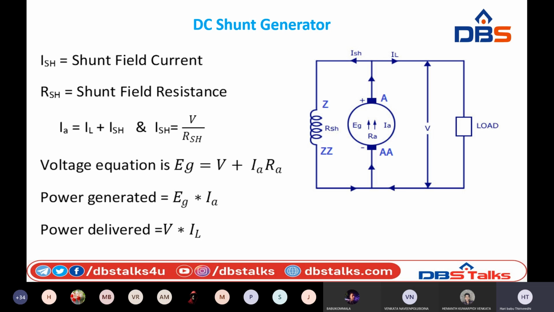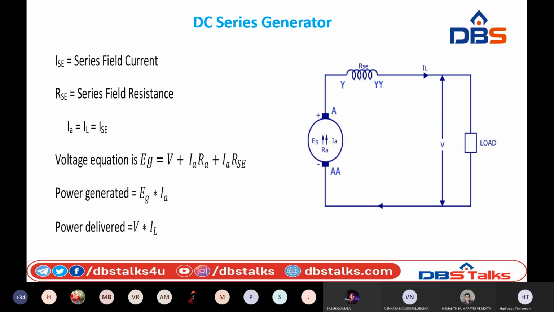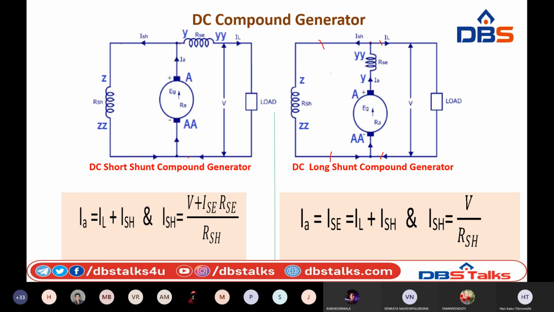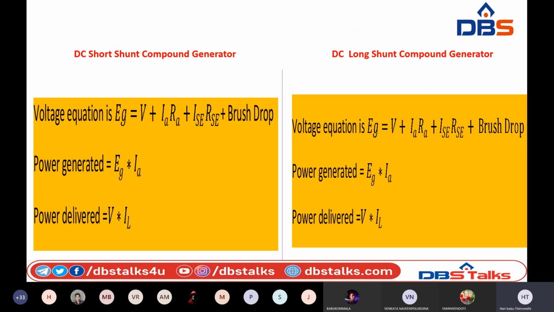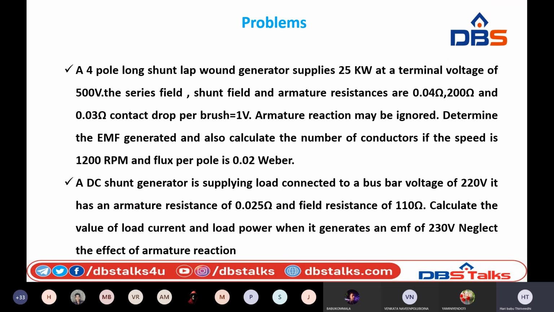ISH is equal to V by RSH. V is 220 volts. V by RSH, 110 ohms. ISH is equal to V by RSH, that is 220 volts by 110 ohms. So that is equal to 2 amperes. ISH is equal to 2 amperes, right?